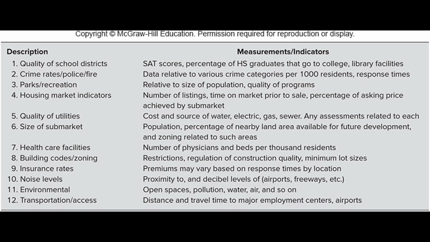Another issue with these public goods that we've been talking about, that are attributes that impact house prices, is that there is a capitalization effect that relates to the quality of these services.